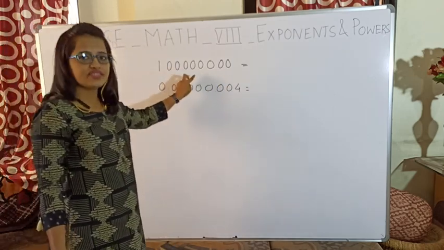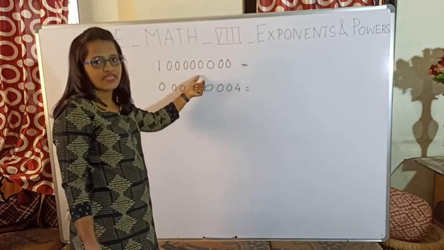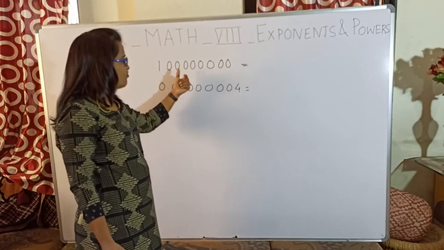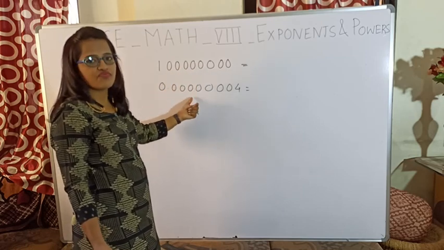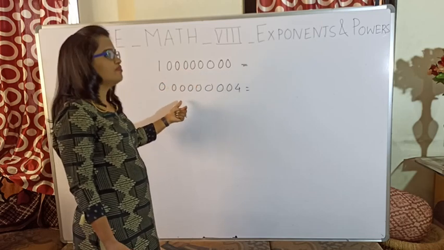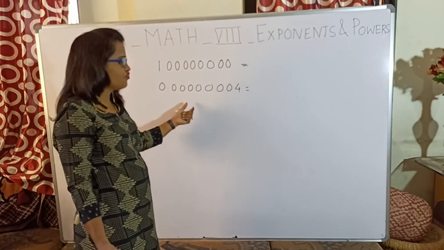When I try to write this number, fair enough, I could write those numbers, but when I try to read this number, it becomes a very tedious job. So for representing such types of numbers, a very large number or very small number, we make use of the exponents or the exponential form.